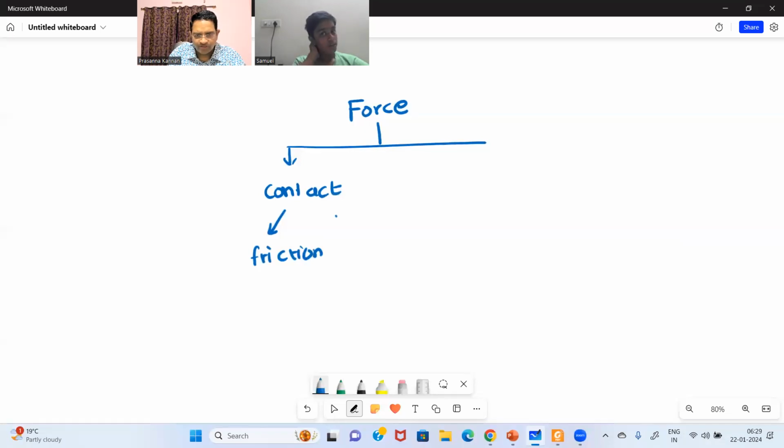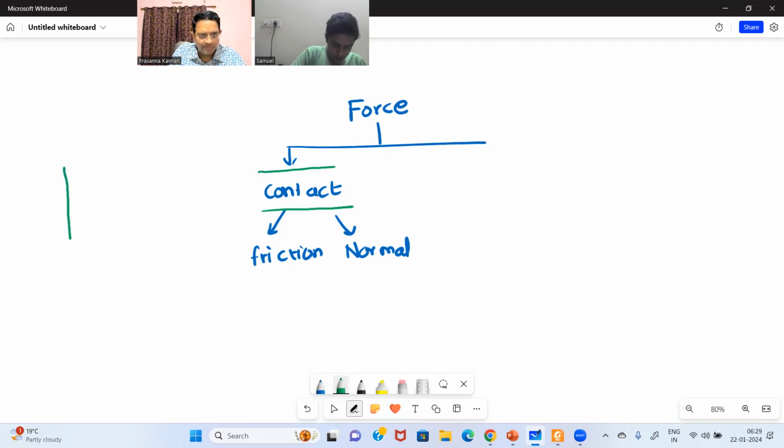Friction is a tangential force. Normal reaction is a force which acts perpendicular to the contact surface. Is that clear? So we have to graphically represent them. Normal reaction will be on y-axis. Friction will be on x-axis. The resultant of these two forces is your contact force, net contact force.